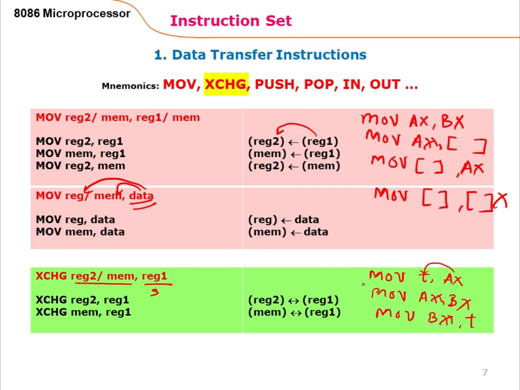This is equivalent to exchanging registers. But here we require 3 instructions, and the same work is done with one instruction. This reduces the complexity, so it is better to use exchange instead of these 3 instructions.